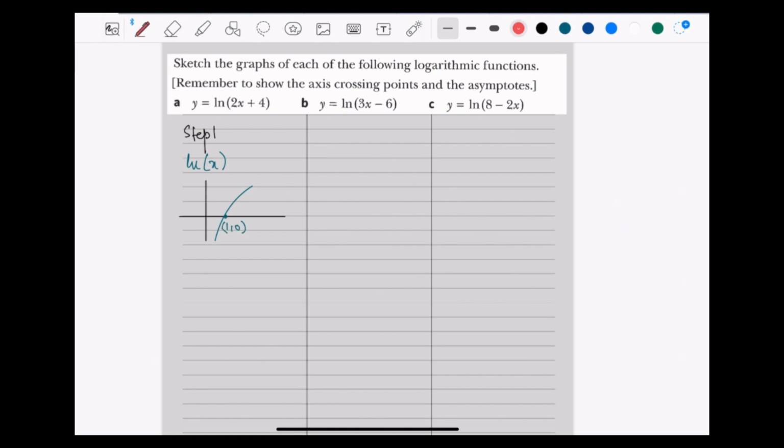The asymptote line is going to be x equals 0. Your step 2 should be the same graph, just that since it is now ln 2x, this value, which was 1 here, is now divided by 2, makes it 1 over 2 comma 0. There's no change in the asymptote line. It's the same.